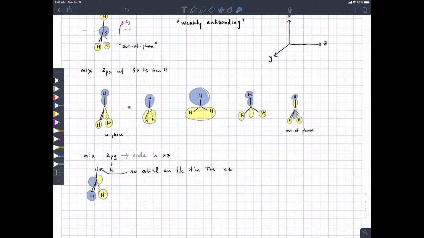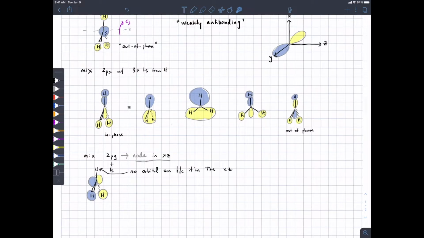So the 2py orbital should be aligned along the y-axis, sort of coming out at you, out of the page, and then going back into the page. And this is difficult to draw, so we're sort of taking a side-on view. Notice that the 2py orbital has a node in the xz plane.